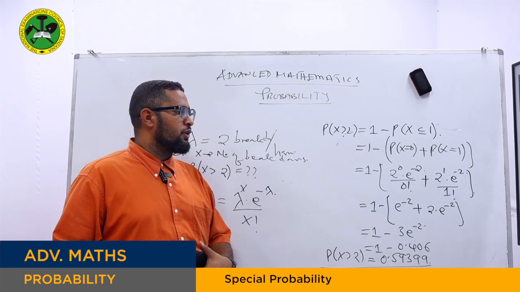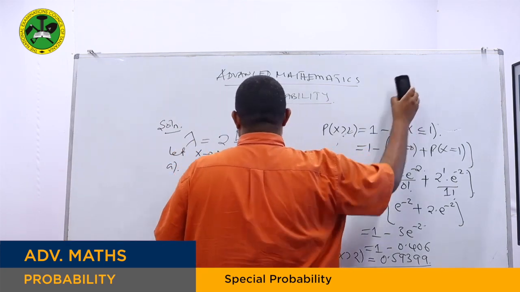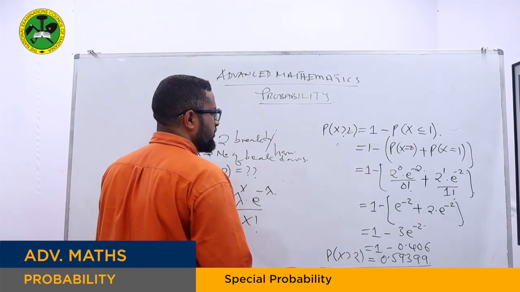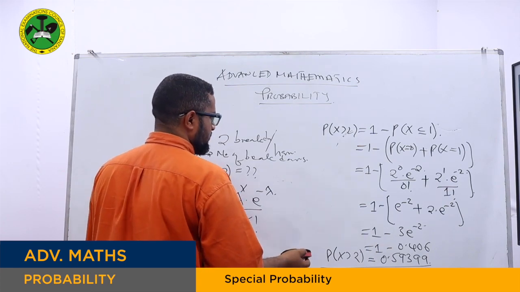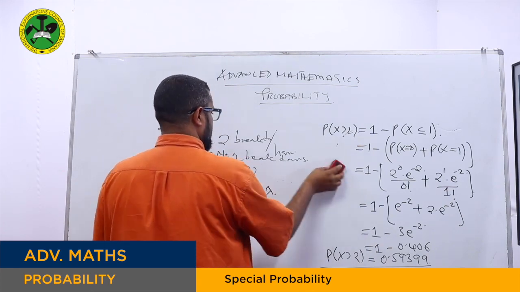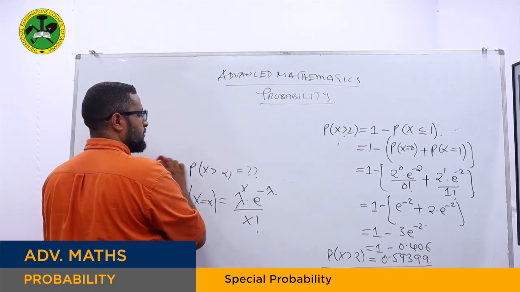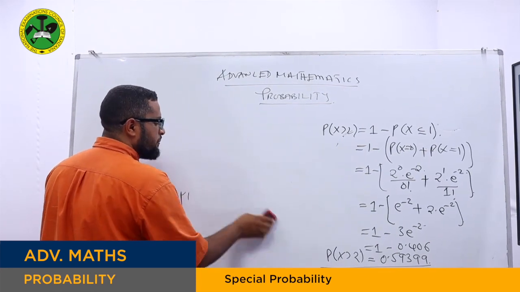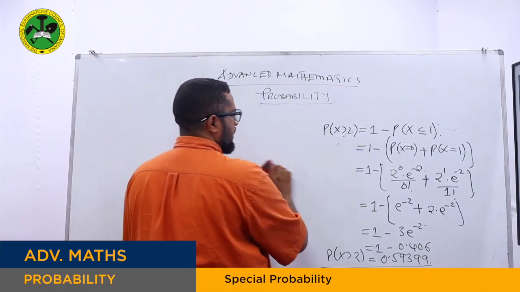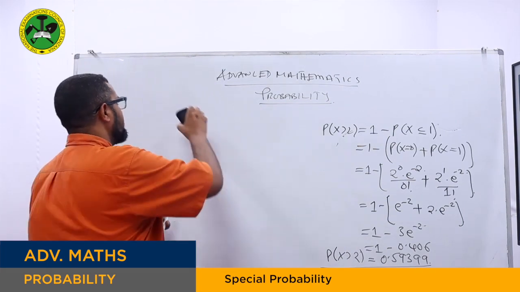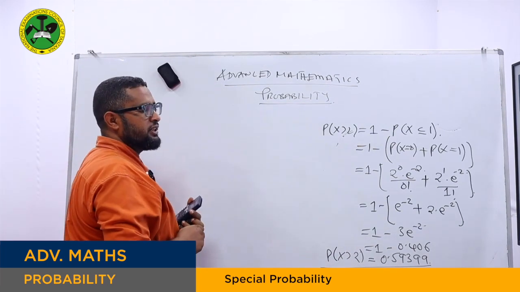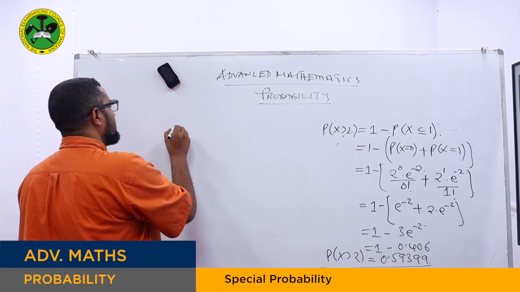Let's check part B of the question. At least 3 breakdowns. Again, we have the term "at least". Remember again the meaning of at least. At least means greater than or equal to.